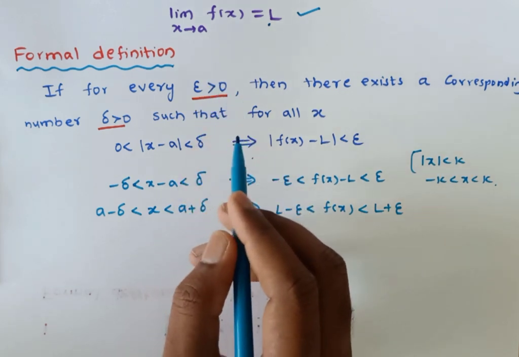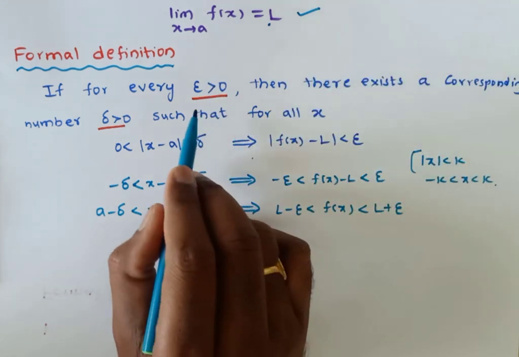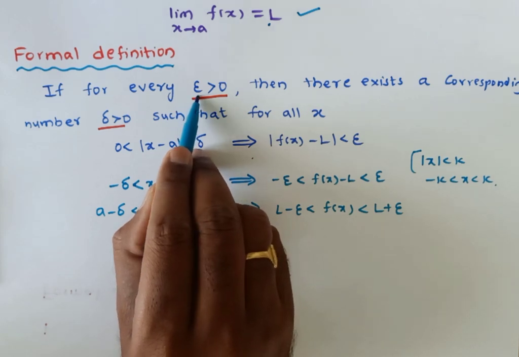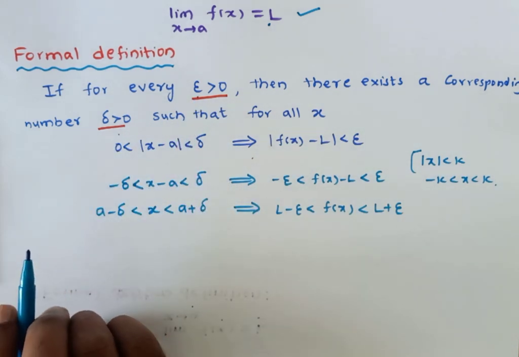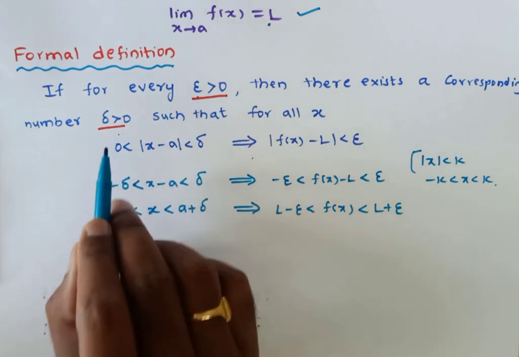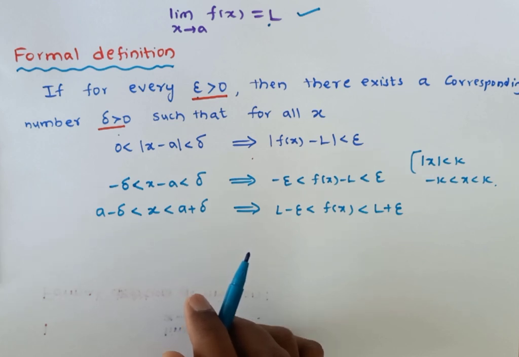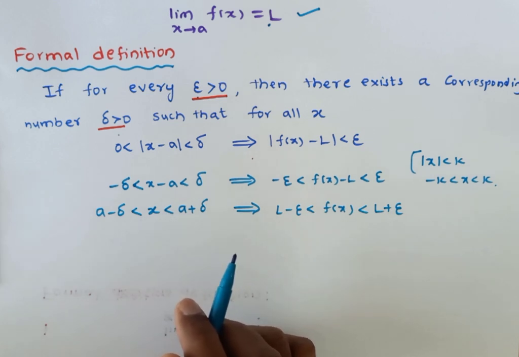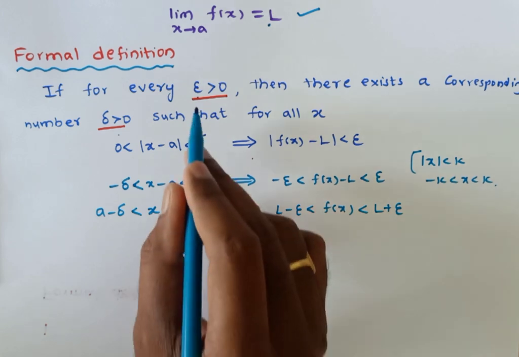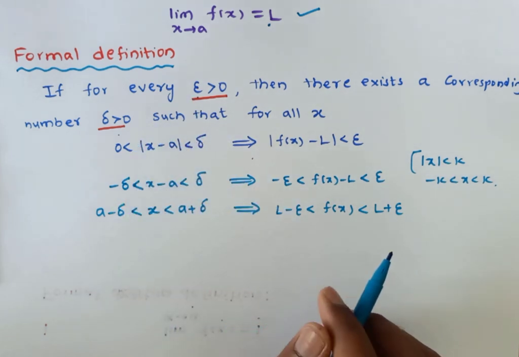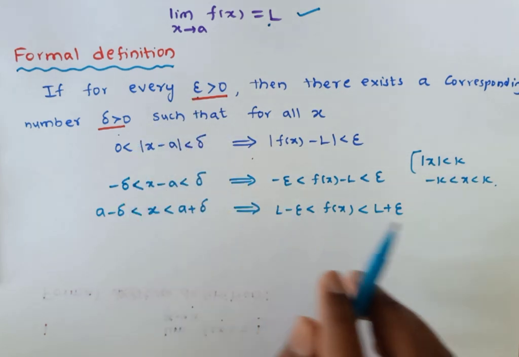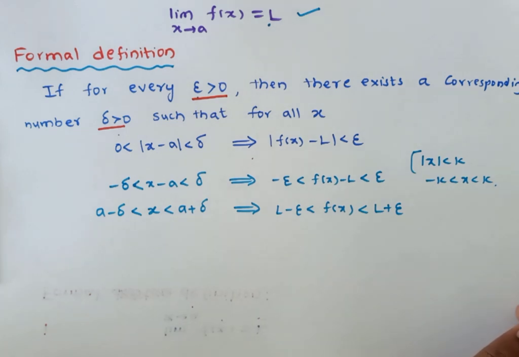To show this mathematically, we need to consider two numbers, epsilon and delta. These two are very, very small, like yesterday's example where I took delta equal to 0.1. So epsilon and delta are very small. This is our mathematical, or formal, definition of a limit.